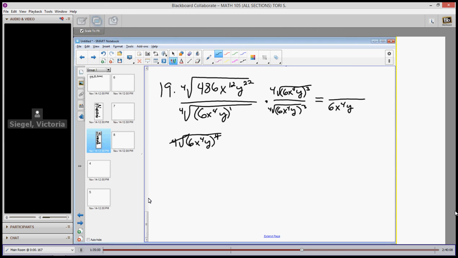So then we just end up with our 6x to the fourth times y, and that gets rid of our radical in our denominator. So like if it was cubed, we would have 1, and then we would square it. And then when it's just a square root, we just do 1 times, just 1 more. So you always just want to basically have them add up to whatever your root is.